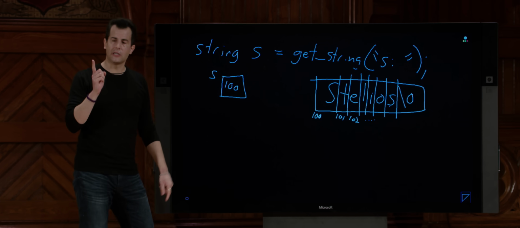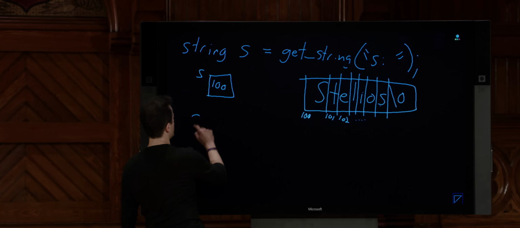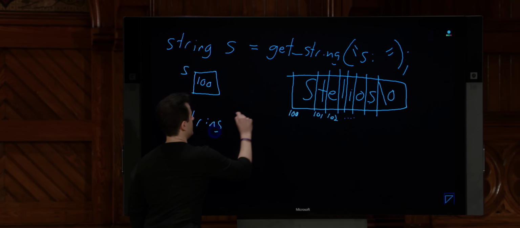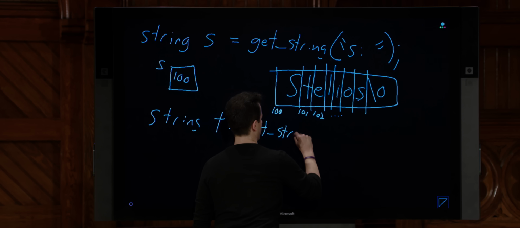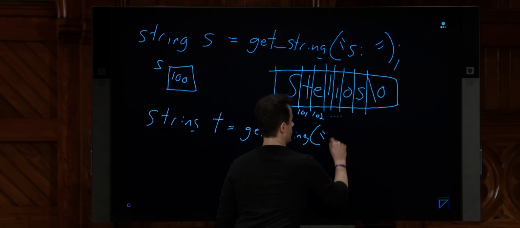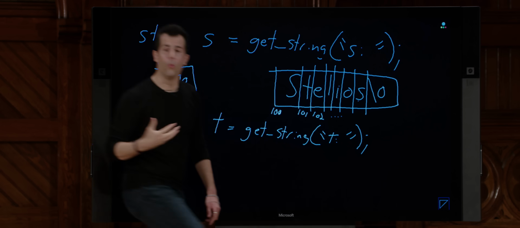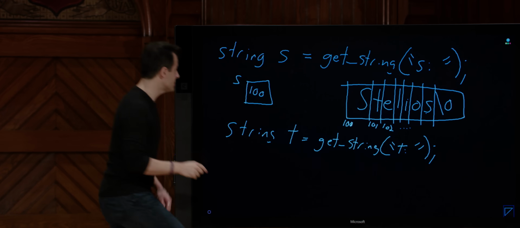So when I now declare T in my first version of the program, string T gets get_string, quote unquote, T colon, just as my user's prompt, close quote, semicolon. What's happening in this scenario? Well, the logic is exactly the same.